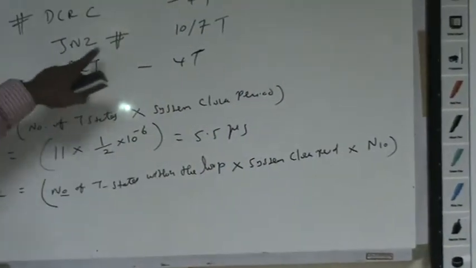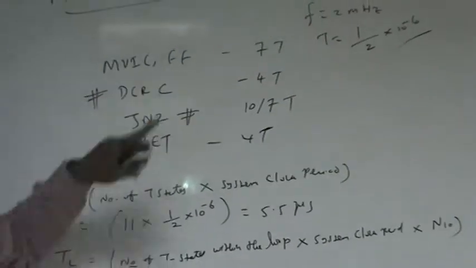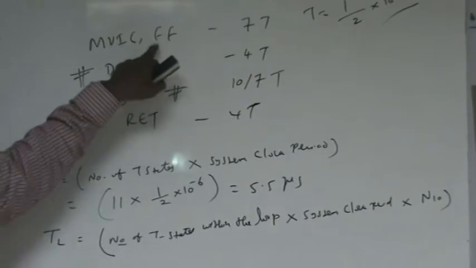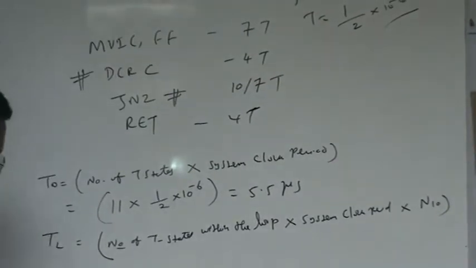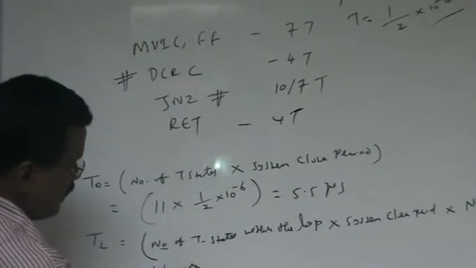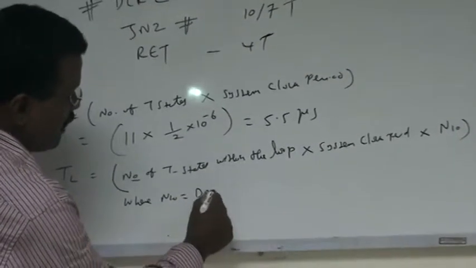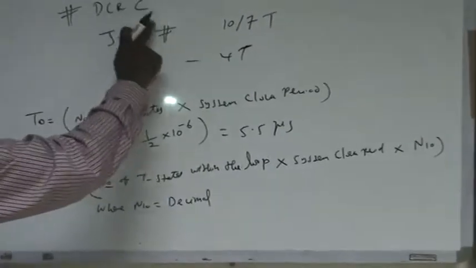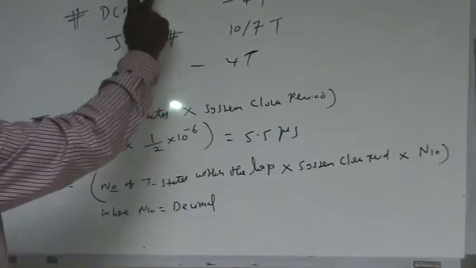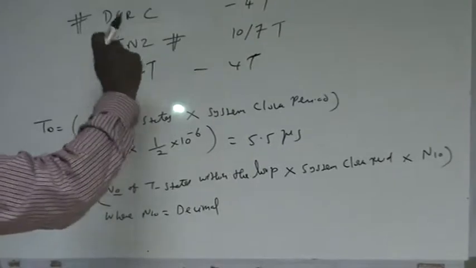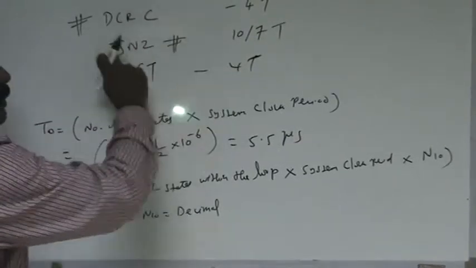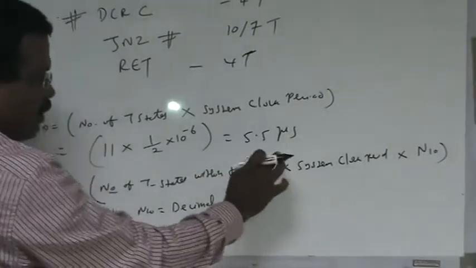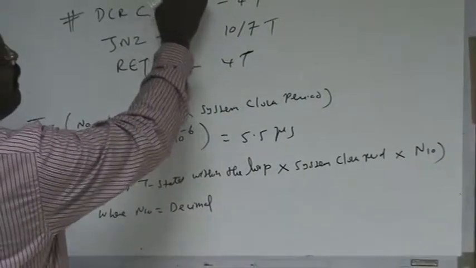So you see this loop is repeated 255 times. N10 is the decimal equivalent of the hexadecimal count which is loaded into the register, that is, how many times we repeat the loop. The decrement C, jump on no 0 will be repeated based on the count loaded here. We are calculating the number of T states into the system clock period one time, multiplied by how many times it is repeated.